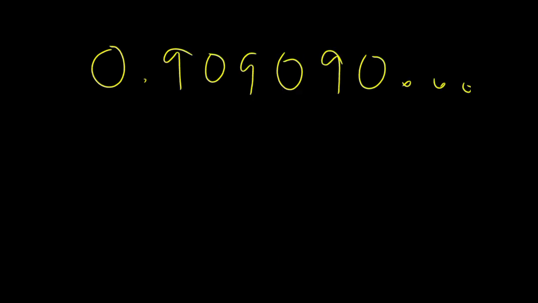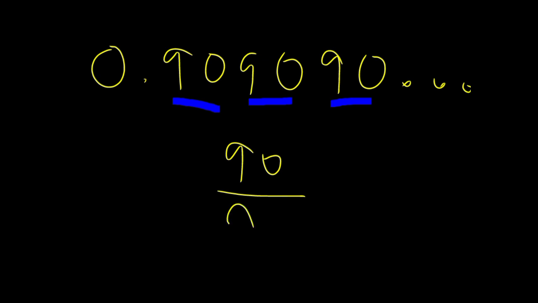Okay, for the third example, we have 0.909090 and so on and so forth. The pattern here is that the decimal is repeated by a two-digit number, which is 90. So we have 90, 90, 90. For our numerator, let's get 90. Then for our denominator, we have 99.